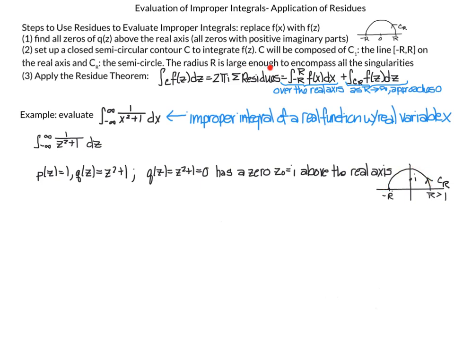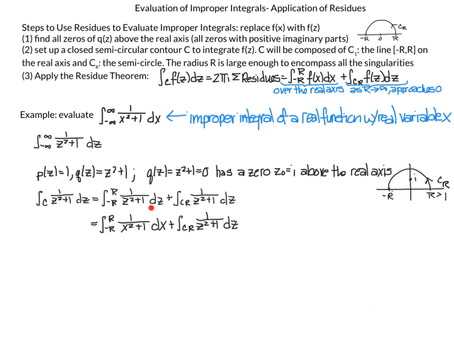The radius must be large enough to encompass all the singularities. So here, as long as the radius is greater than 1, we're going to enclose our singularity at i. The integral over the closed contour C, the entire closed contour, the semicircle and the line, is equal to the integral over the line plus the integral over the top half of the semicircle.